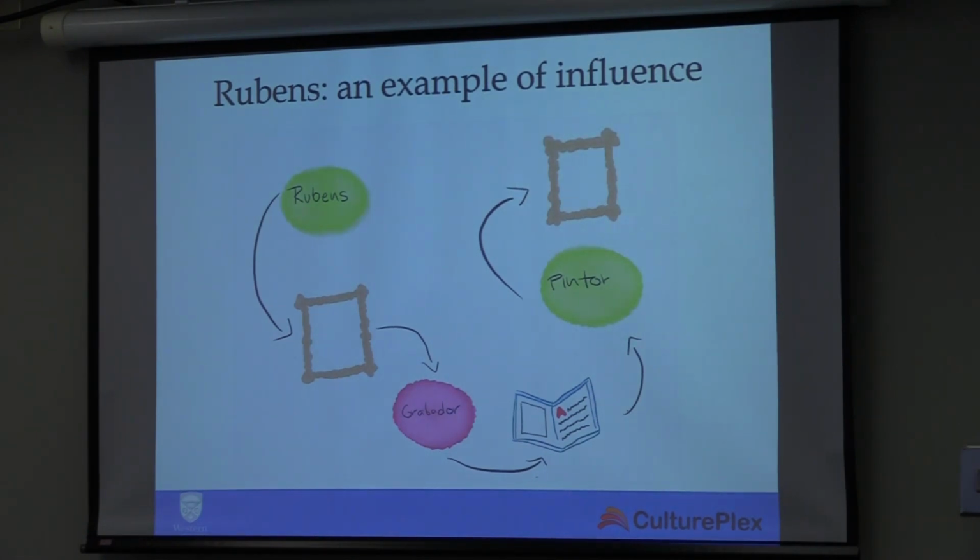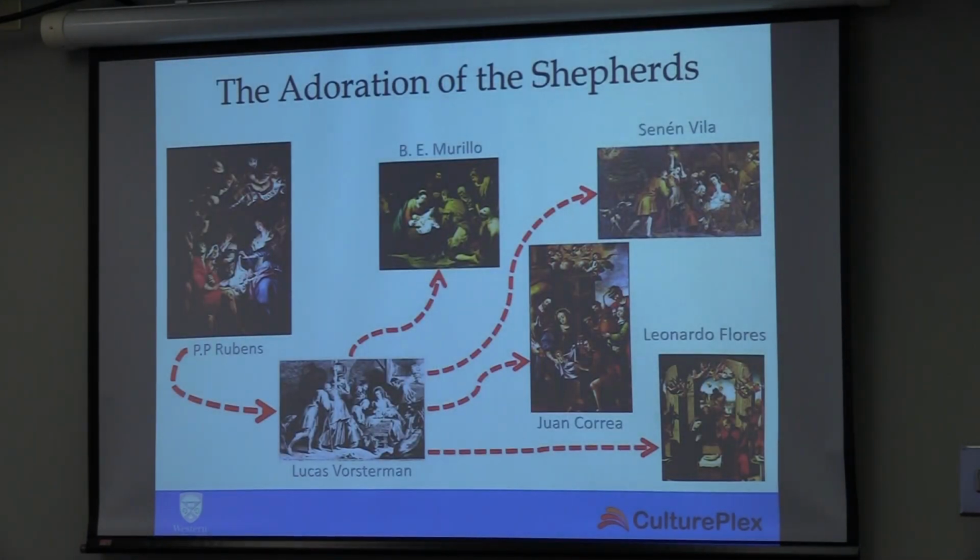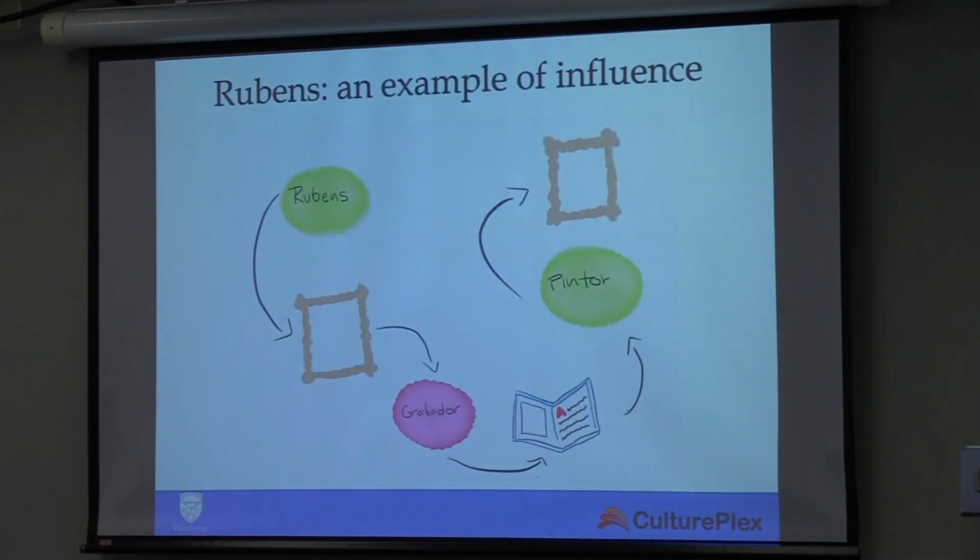They copied them, but in a very specific way, because Rubens was never in Latin America, and not many of his works made their way into Latin America. So there must be something else in between that makes the transmission, as we have the carriers when we're talking about illnesses. In this case, that piece in the middle are the engravings that we have here.